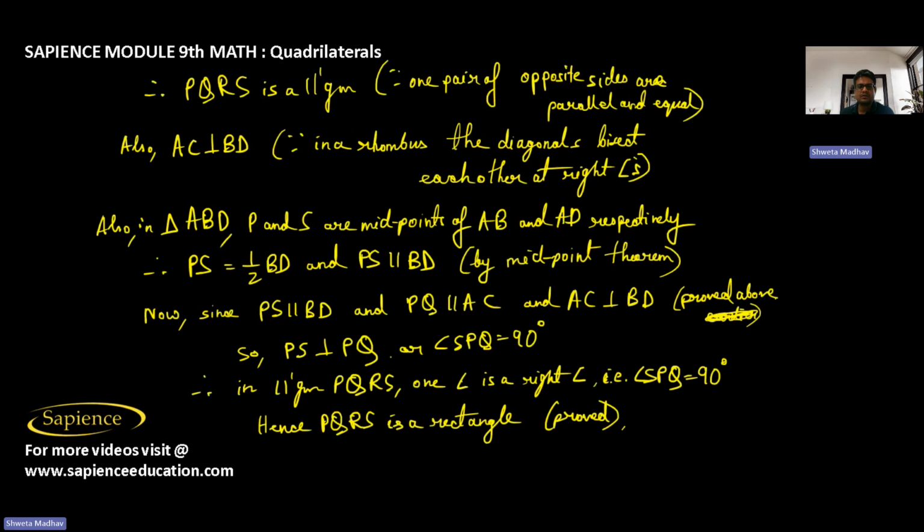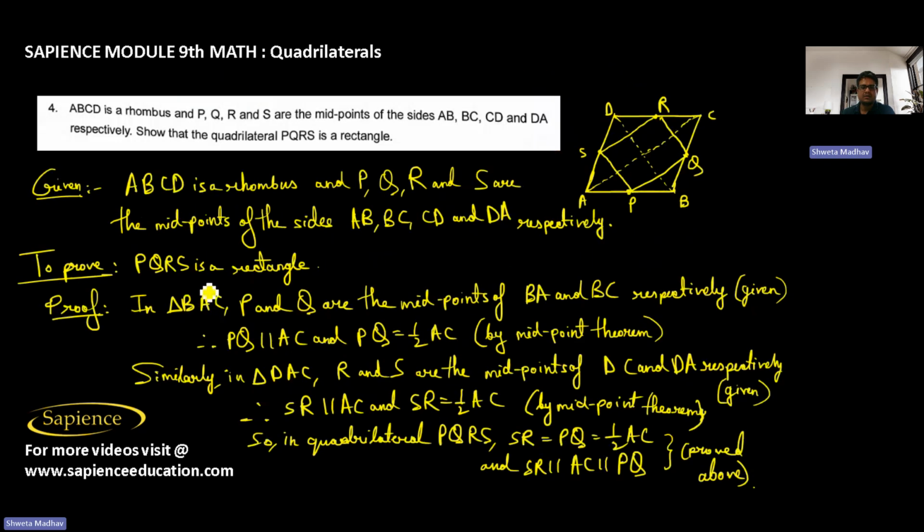So in the previous one also we should have written the construction. The construction we should have written is that the diagonals AC and BD are drawn. This we should have written here.